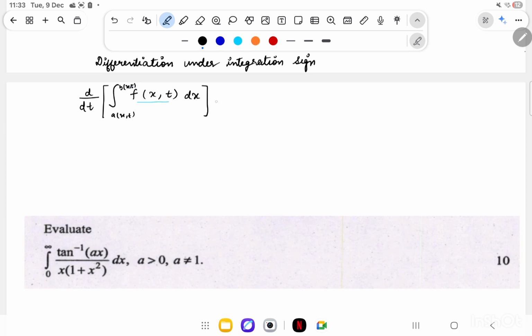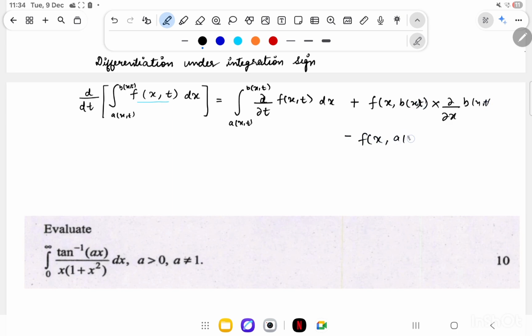So if I do this differentiation, by Leibniz rule it is equal to the integral from a(x,t) to b(x,t) of del by del t f(x,t) dx plus f(x, b(x,t)) times the differentiation of this with respect to t, del by del t b(x,t), likewise minus f(x, a(x,t)) times del by del t a(x,t).